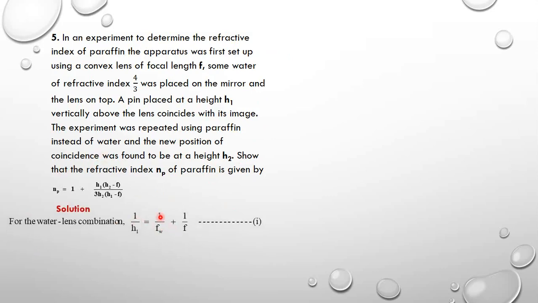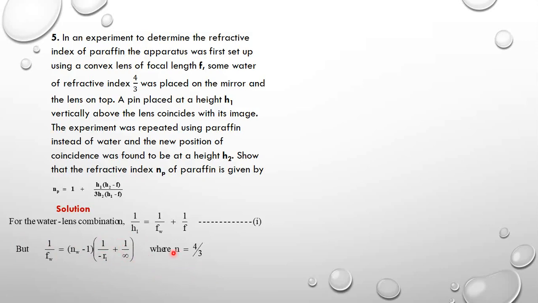But also we can get 1 over fw using the thin lens formula: 1 over fw equals (nw - 1) into brackets 1 over negative R1 plus 1 over infinity.